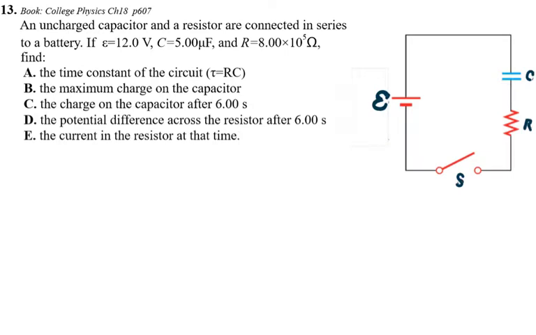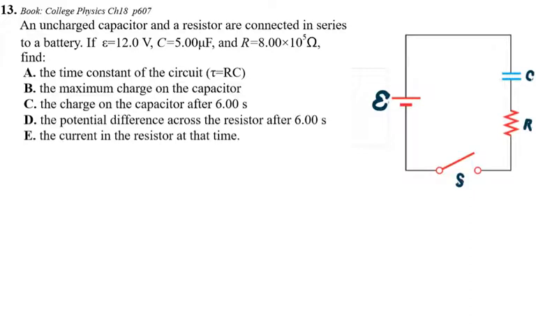In number 13 from our online lessons, they say an uncharged capacitor and a resistor are connected in series to a battery of EMF 12 volts. The capacitor is 5 microfarad, the resistor is 8 × 10⁵ ohm, and they want you to calculate the time constant.